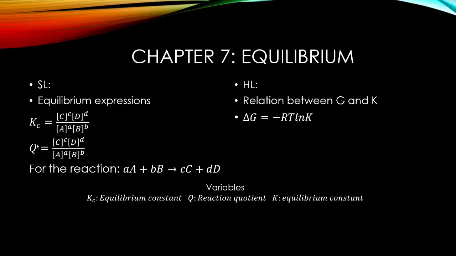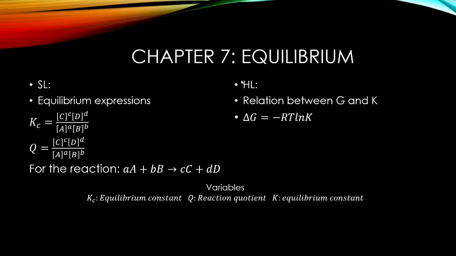If it's less than the equilibrium constant, the reaction goes towards the right, the forwards direction. If the quotient is larger than the equilibrium constant, it will decrease, which is the backward direction. So that's it for SL.